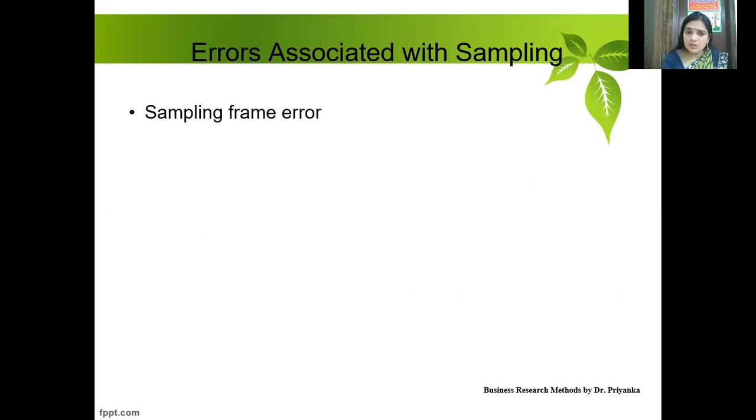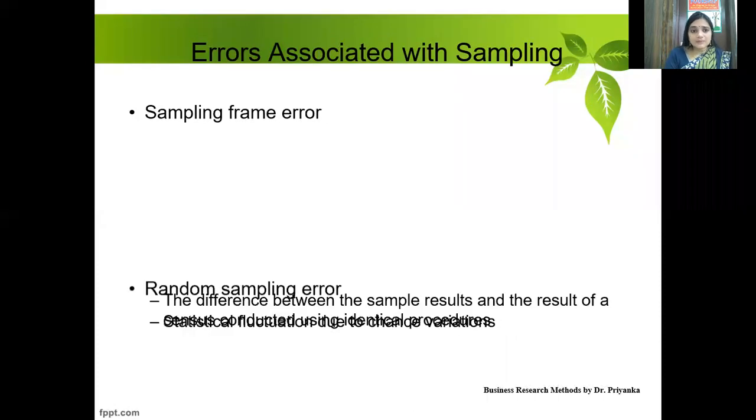If we take the database from the HR manager and start sampling, and by chance 50 people have joined in the last 2-3 days and HR has not provided that data, those people are left behind. So there is an error in the sampling frame. You should always cross check the sampling frame while deciding it.